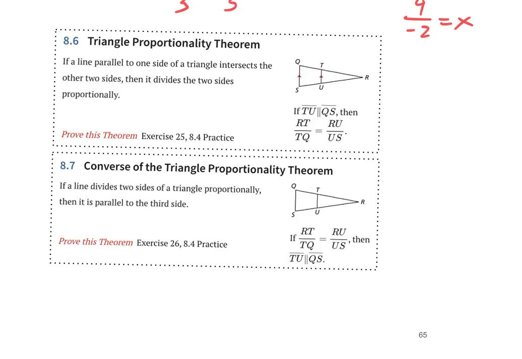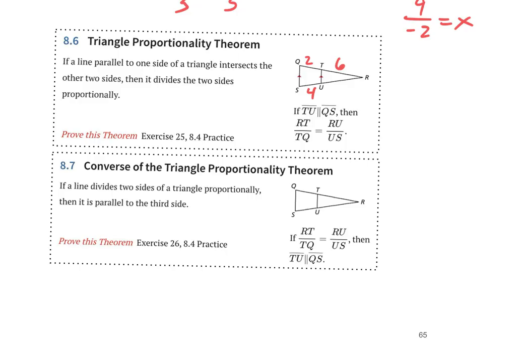So for instance, if I say this is 2 and this is 6, and I say that this piece here is 4, then to get to UR, because it's proportional, that means it's the same scale factor. So to get from 2 to 6, how much bigger is 6 than 2? 3 times. We're talking about scale factors here.